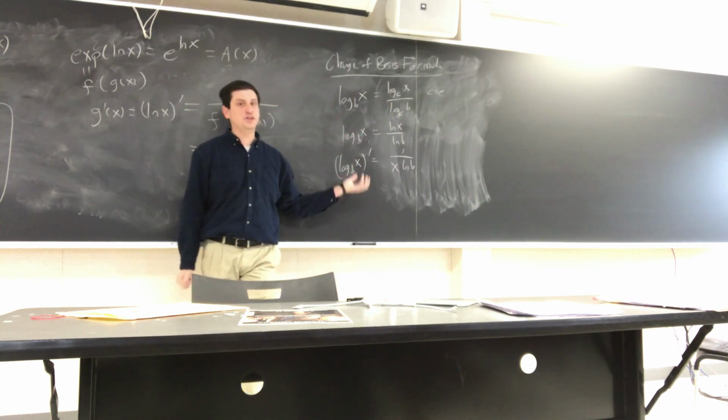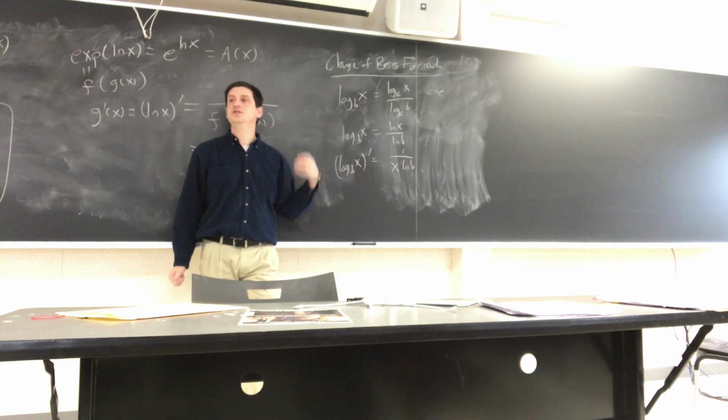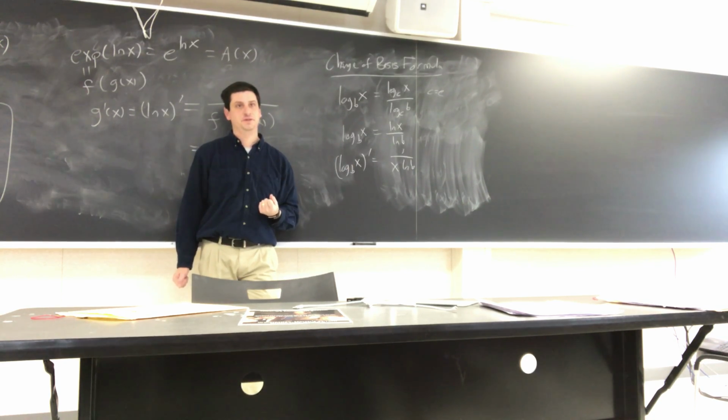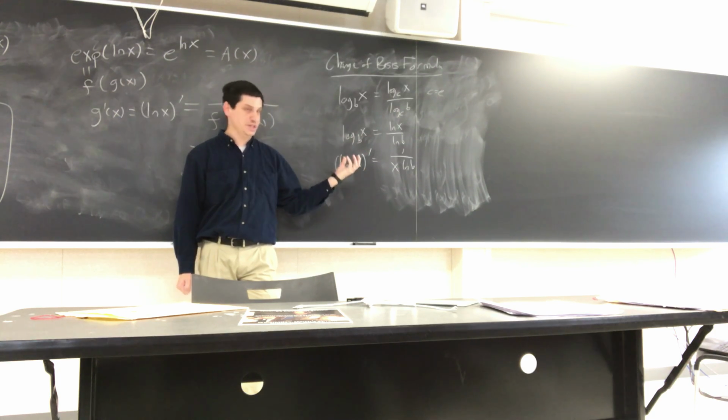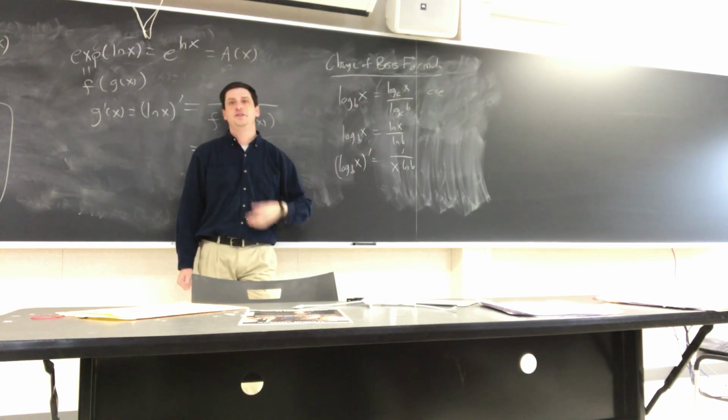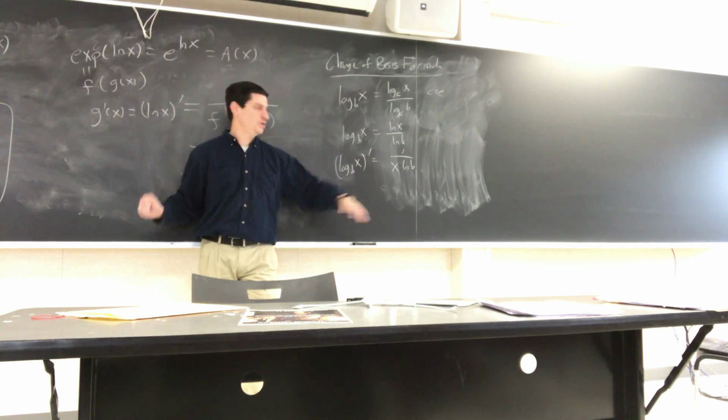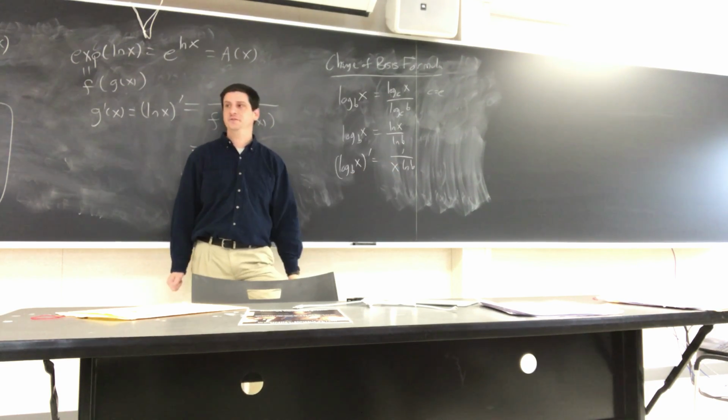As an exercise, I'll let you figure out what would be the derivative of b to the x. There's going to be a natural log of b that comes out there as well. You should make sure you can do the algebra like that. If you're having trouble, let me know. But you always want to reduce things to base e because the results are nice in base e. The derivative of the natural log is just 1 over x. You don't have to worry about where's this factor.